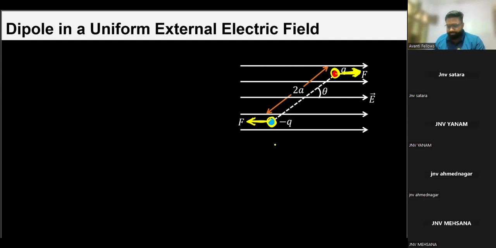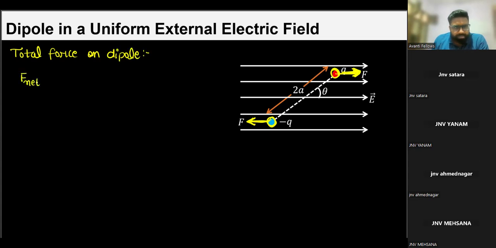But what about the net force? Total force on the dipole. If you talk about the net force, F net will be this QE and this minus QE.